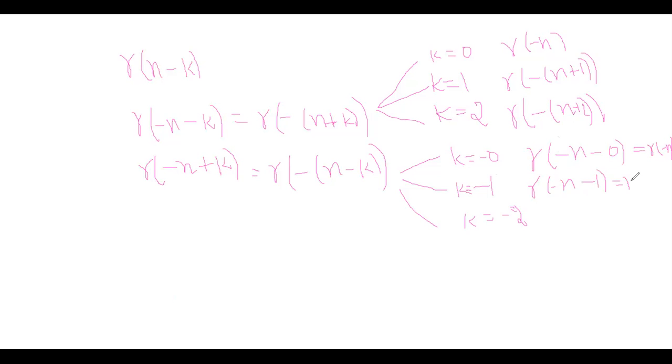So that is equivalent to R of minus n plus 1. Here k is a positive value, after here k is a negative value. So k positive and k negative, minus n plus 1. And it is plus 0. R of n, not plus, sorry.